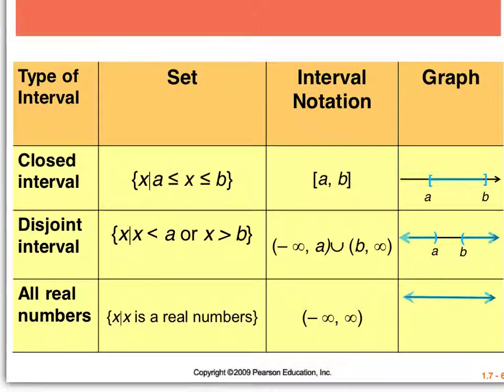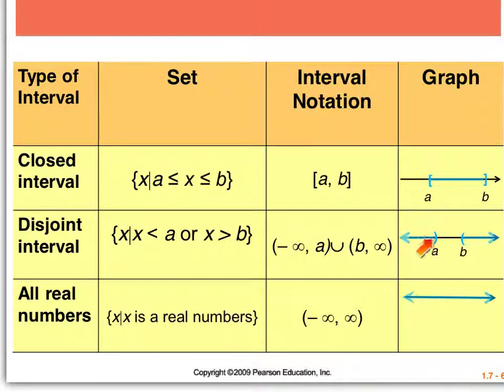These notations and graphs are used more with compound inequalities, which we will be getting into in a moment, as well as quadratic inequalities. And the one that is different than the rest really is this one in the middle, the disjoint interval. And anytime I see the word or in my problem, which we'll talk about, I'm going to have this little U looking notation, and that just stands for the union of.